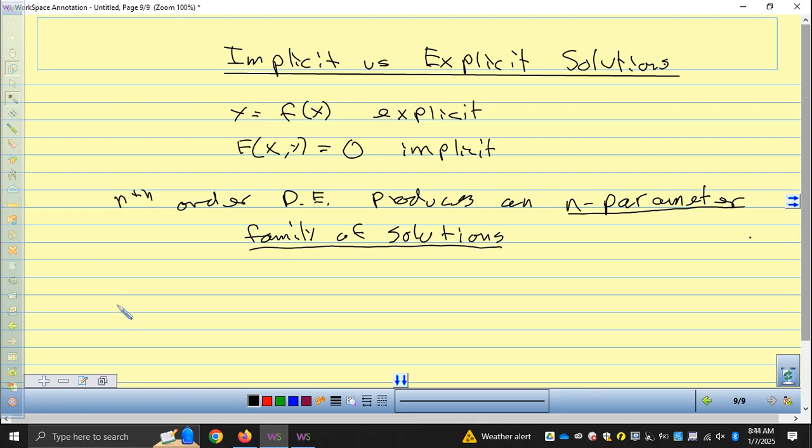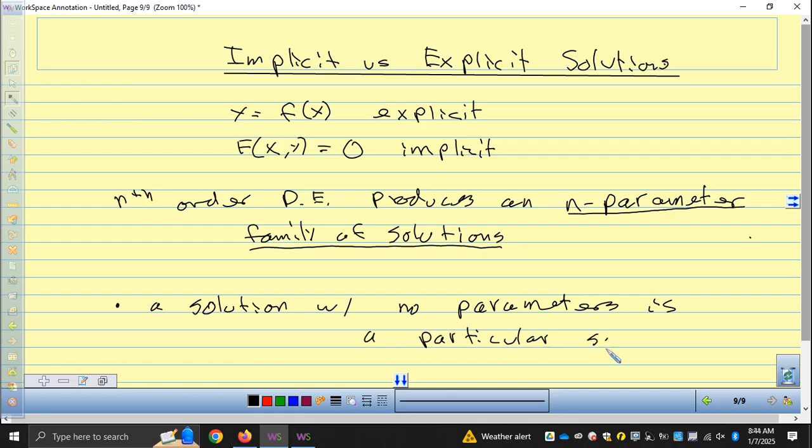A solution with no parameters is a particular solution. And for a particular solution, we need to know something about the values of the functions and its derivatives at points in the domain to solve for those constants.